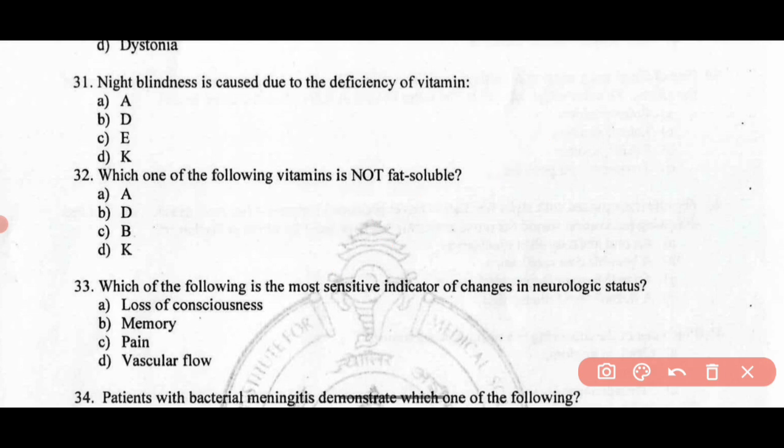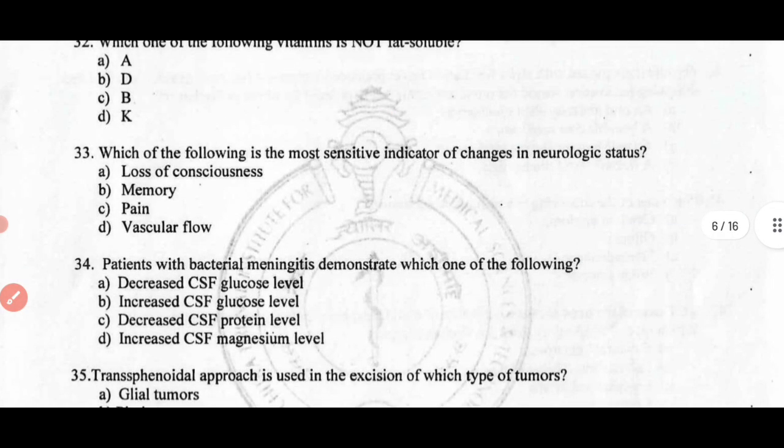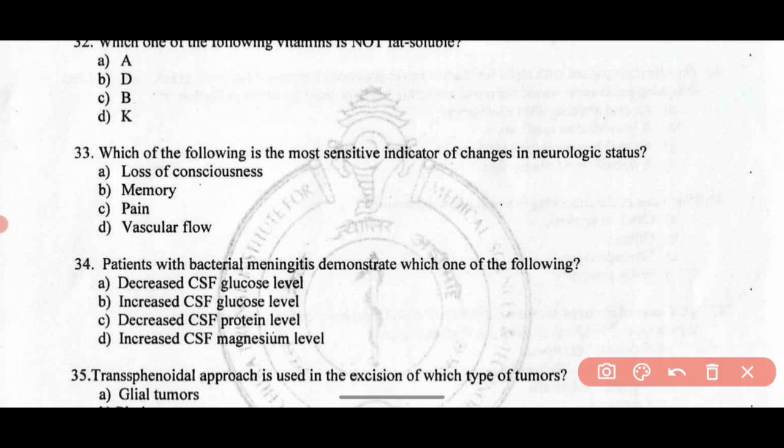Okay guys. The next one is question number 33. Which of the following is the most sensitive indicator of changes in the neurological status? Here the keyword is most sensitive indicator of changes in the neurological status. So the most sensitive indicator is consciousness. Memory, pain, vascular flow.